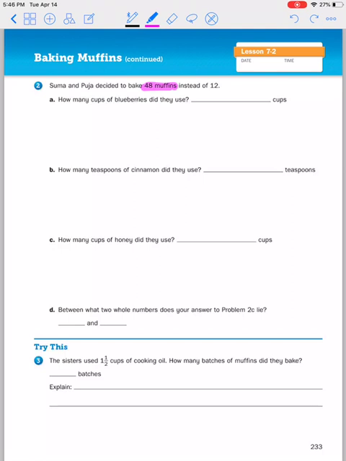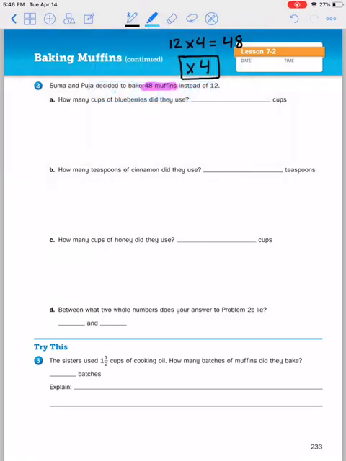Well, I know 12 times 2 is 24, 12 times 3 is 36, and 12 times 4 is equal to 48. So you need to quadruple the recipe to make 48 muffins. You need to multiply by 4.